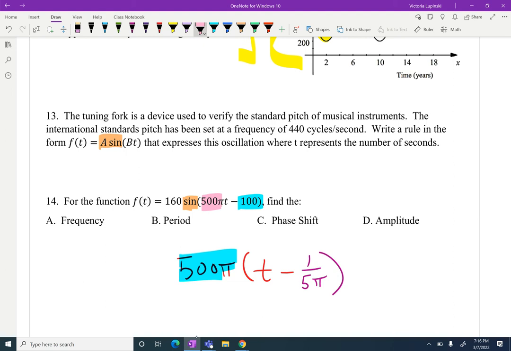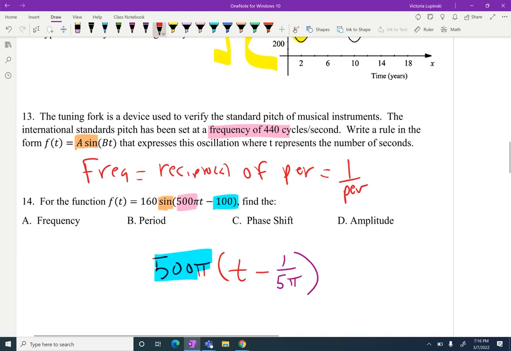And I would say the last thing that I'd want to point out is this idea of frequency. Remember that frequency is how often something occurs. The frequency is equal to the reciprocal of the period, or 1 over the period.